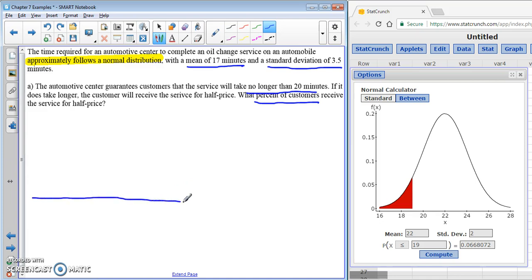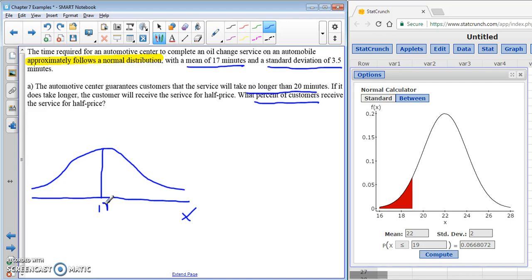All right, just drawing a picture here to give us the idea. And they guarantee that it will take no longer than 20 minutes. So if we think about this, we have the mean at 17, and then we're looking at a standard deviation of 3.5.